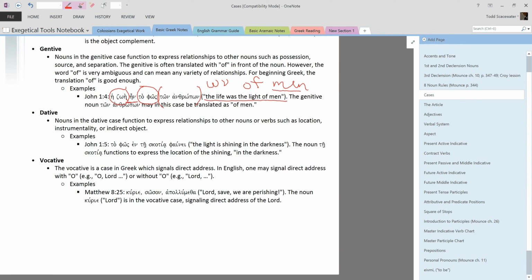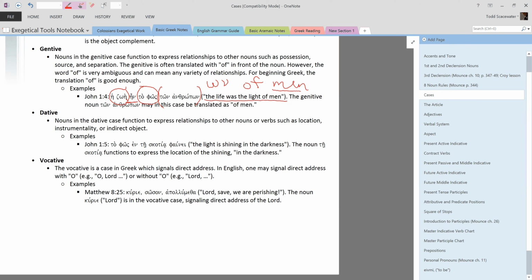You could also use the apostrophe s construction if the genitive is signaling possession. But by default, it's always best to just go ahead and translate it using of, because sometimes you'll get two, three, maybe even four genitives in a row, and so in that case, you just want to use the of translation, at least on the first go, so that you can see the whole sentence.